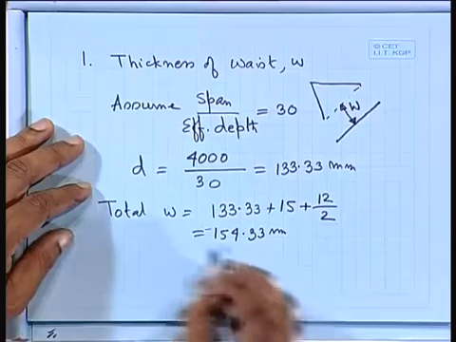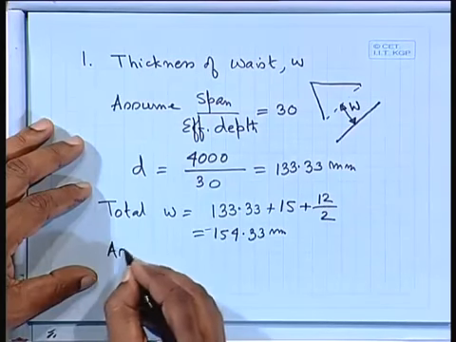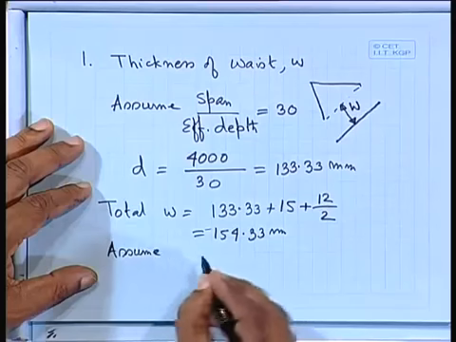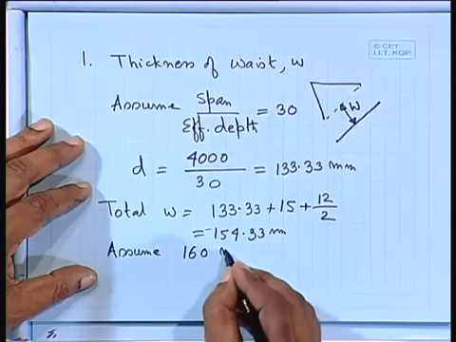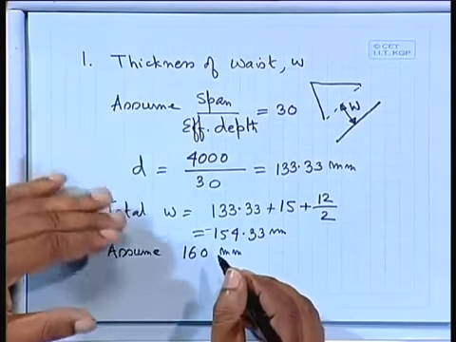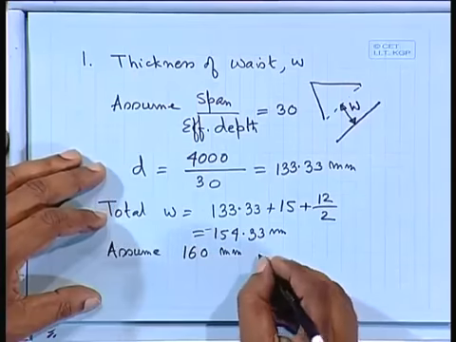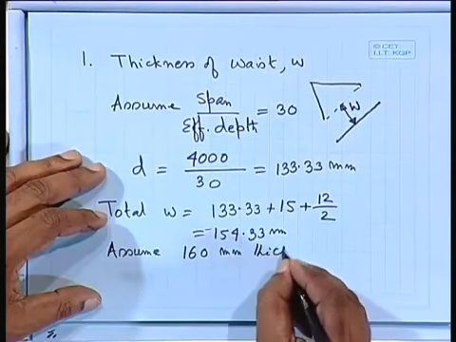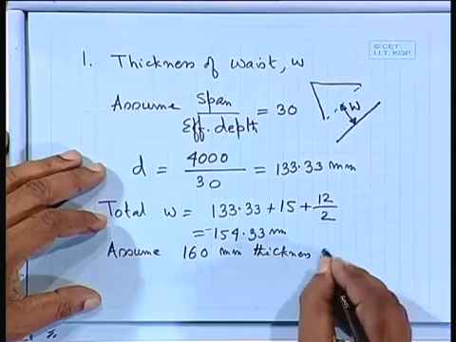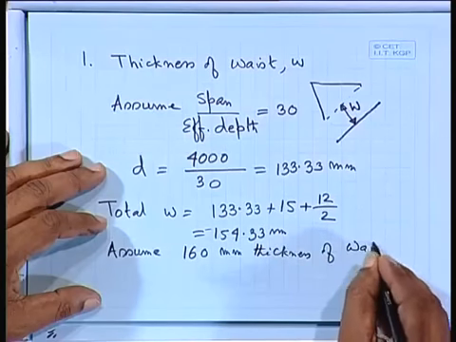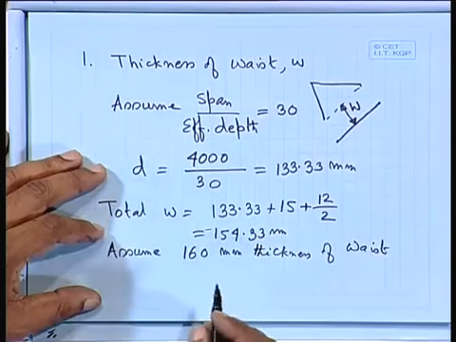So let us assume that we shall provide 160 millimeter, because we do not know whether we have to change it. So let us assume 160 millimeter thickness of waist. After checking only we can provide.